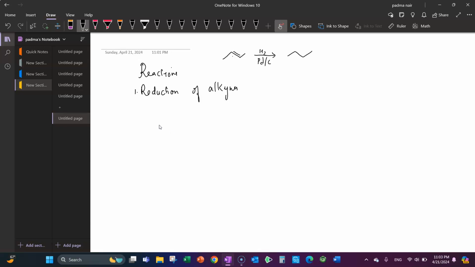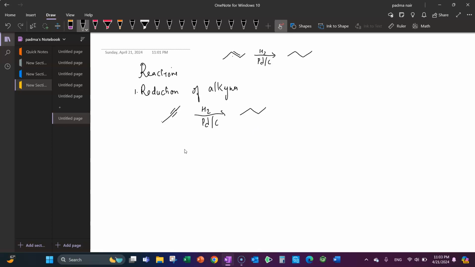Similarly, in case of alkynes, if you take an alkyne and react it with hydrogen in presence of palladium over carbon, you can end up with the formation of an alkene. We have 1, 2, 3, 4 carbon atoms, and you have 4 here.